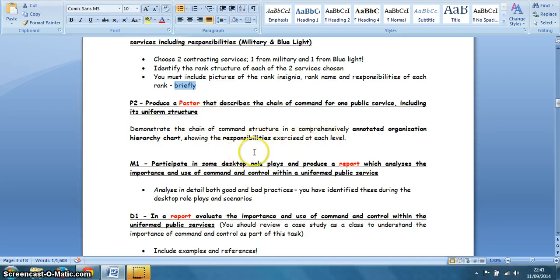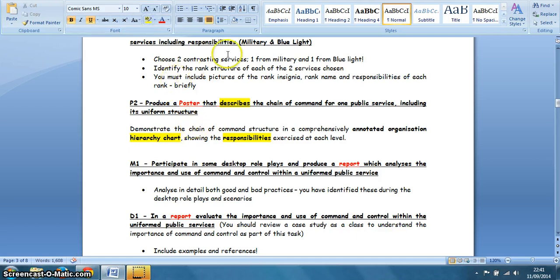Now, what I would be willing to accept for P2 to make this easier is include in P1 a hierarchy chart and the responsibilities for one of the services explained in detail, described.